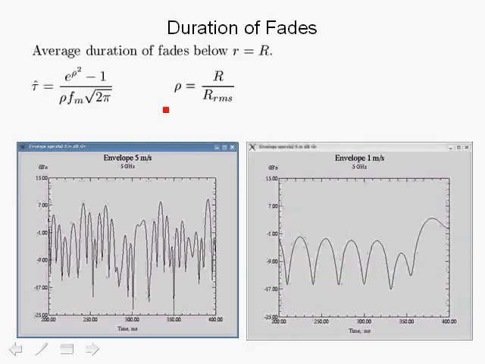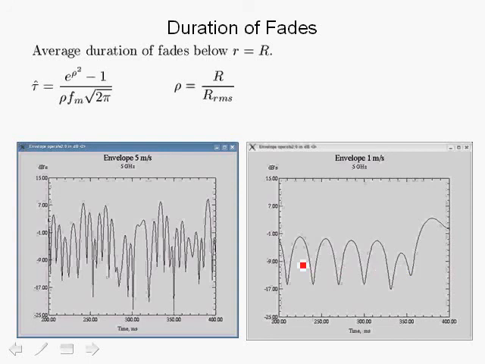Another parameter is the duration of fades. In this case, we're looking at the average duration of a fade below a level R, capital R. So if you have a level, for example here, you're interested in how long you are below that level during a fade. In this case here, we're at 5 meters per second versus the case we're at 1 meter per second.